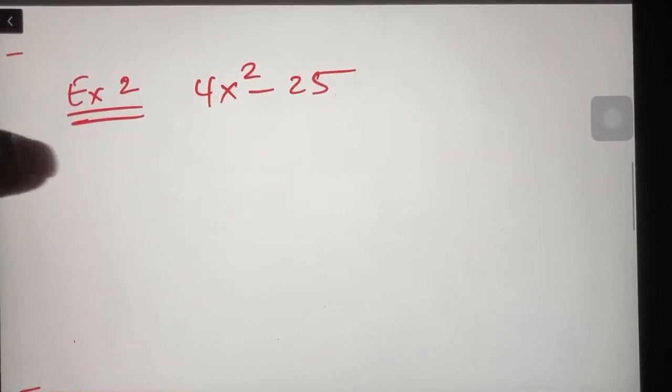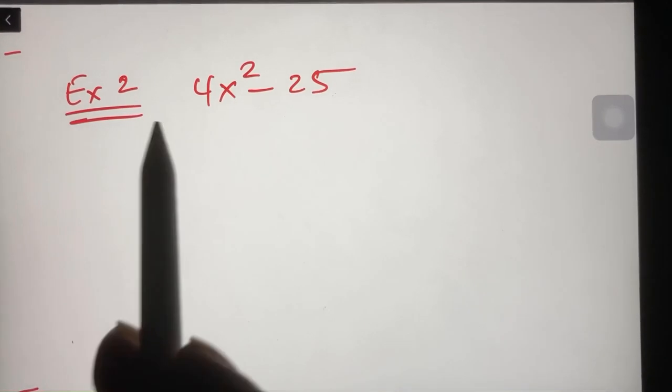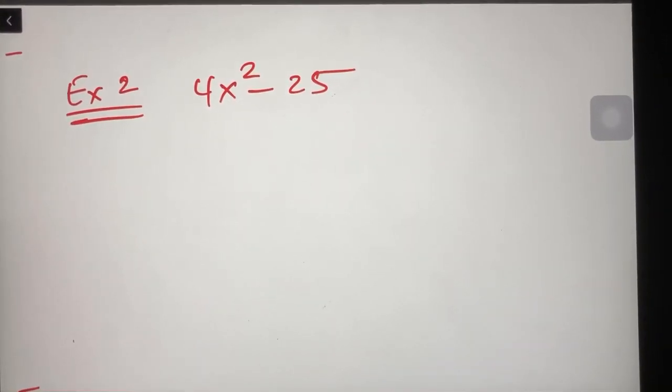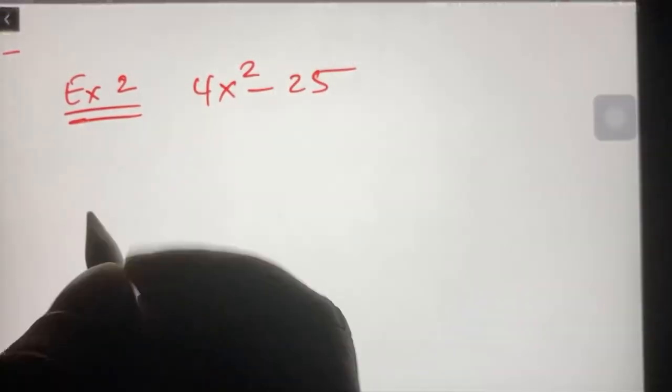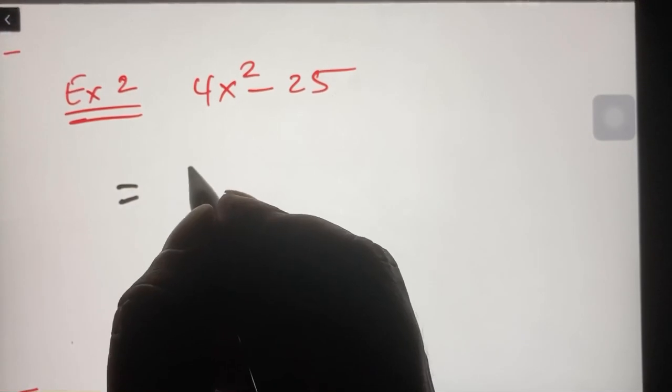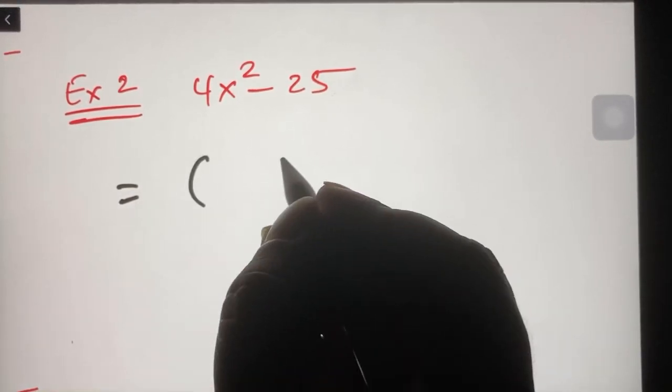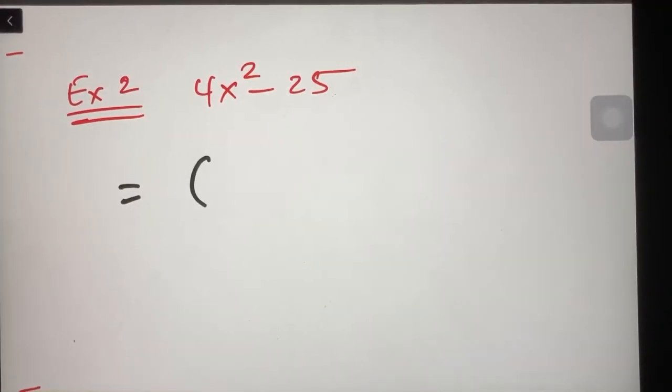Example number 2 says 4x square minus 25. What we want to do is factor this problem. How can we factor it? The first question you should always ask is, can we factor something out?